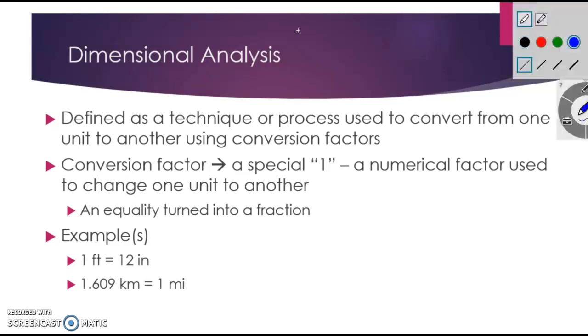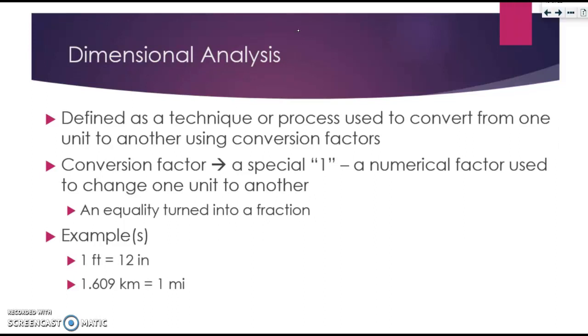For example, we all know that 1 foot equals 12 inches. If I want this to be a conversion factor, I can write it like this: 1 foot over 12 inches, or I can write it like this: 12 inches over 1 foot. It really depends on what the question is asking.